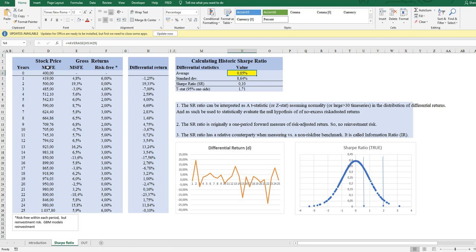On the other hand, this is delivered on the back of risk measured by standard deviation, and it's 8.64 per period, which in this case is years, so it's also the annualized standard deviation.